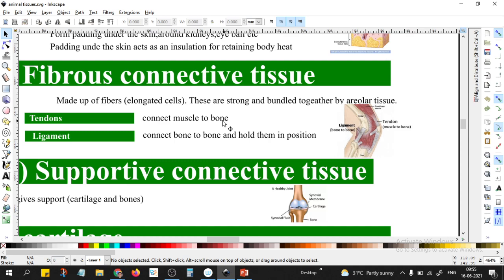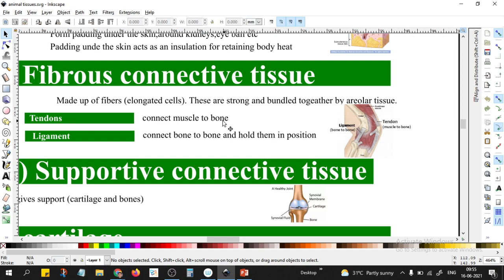So this is a typical knee joint. Okay, this is the kneecap, for example, and this is the tendon. Here we have the muscles of the leg in the upper side, the thigh muscles, and those are connected to the bone. So this particular region where the muscle is connecting with the bone, M to B, muscle to bone, is tendon.